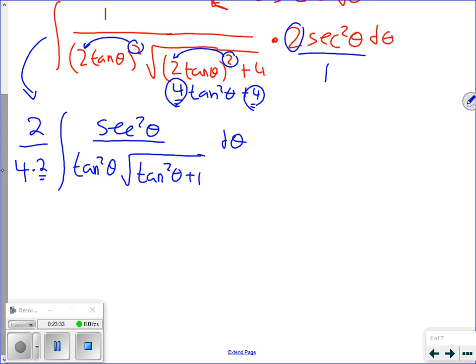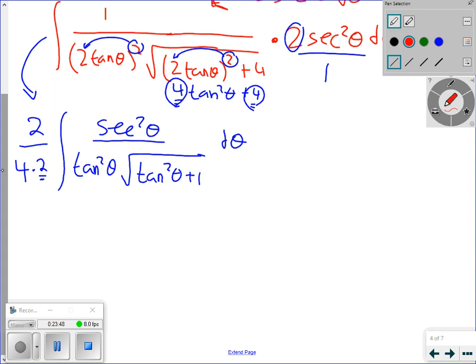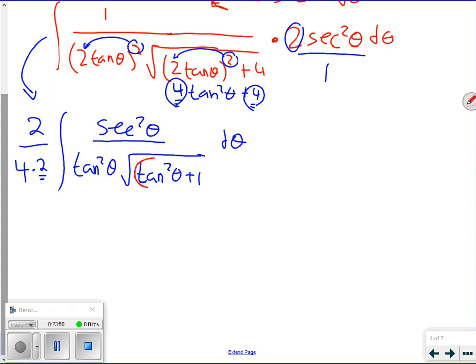Okay, so now whenever you take all the constants out, especially underneath the square root, the idea is that you're going to see your identity you can plug in. Again, it's another Pythagorean identity. It's always going to be what's underneath the square root. Well, the square root of tan squared plus 1.